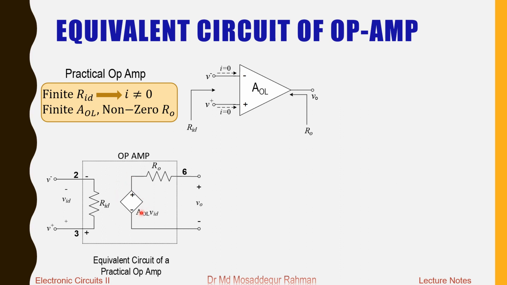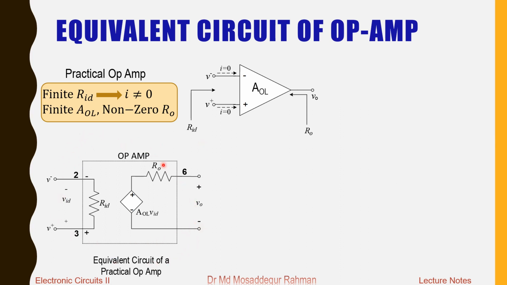If you look from the output side, definitely you will see some resistance, and that resistance comes in series with the voltage source. So that is how the output side will look like. We can represent the output side with a dependent voltage source in series with the output resistance, and that's what is known as the equivalent circuit of the op-amp.